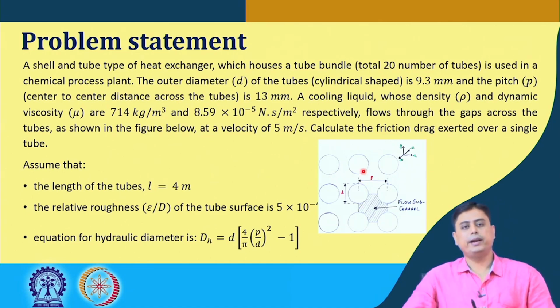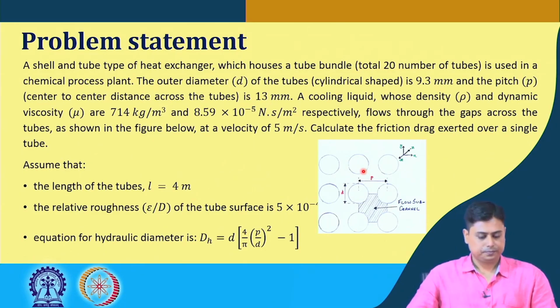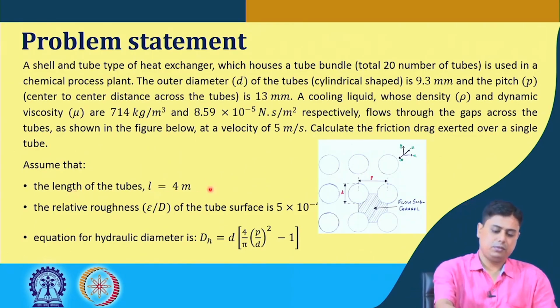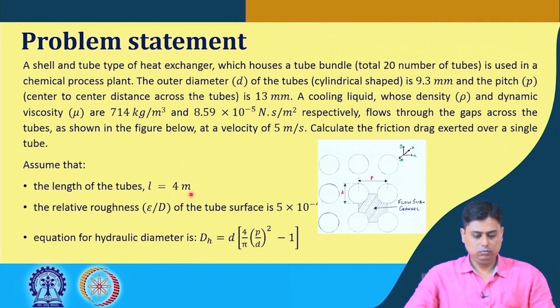So, basically we have to find out the hydraulic diameter, or the equivalent diameter. In this case, a few additional pieces of information are given to help you. One is that the length of the tube is 4 meter long. The relative roughness of the tube surface is 5 into 10 to the power minus 4.